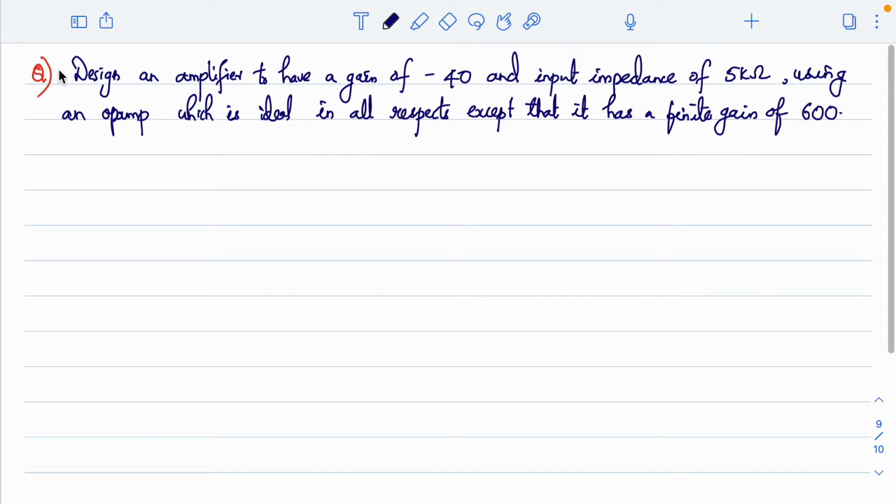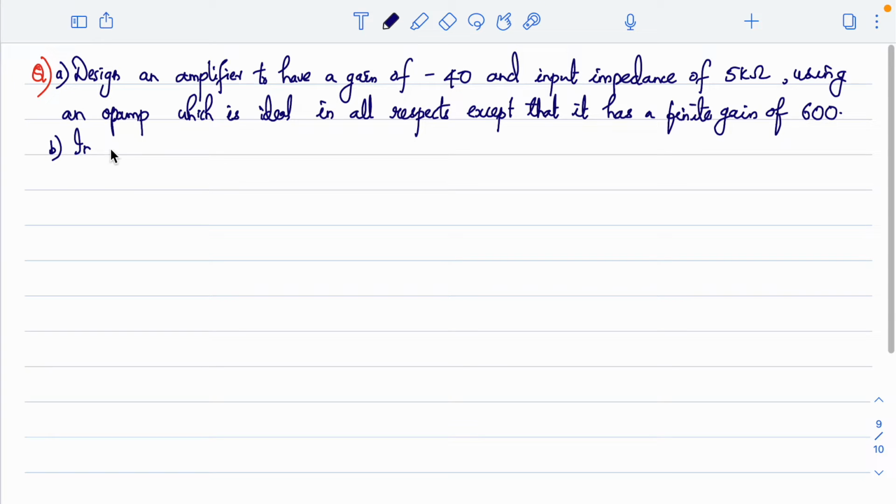Let me write this as part of the question. There are three parts. The first part is to design an amplifier to have a gain of minus 40 and input impedance of 5k using an op-amp which is ideal in all respects except that it has a finite gain of 600. This is the first part.